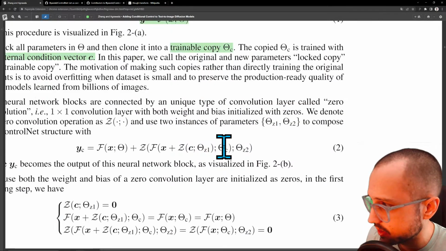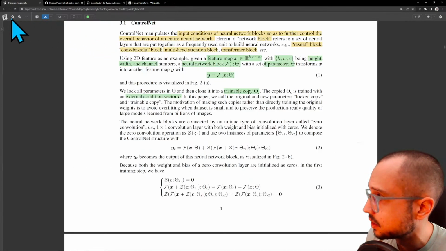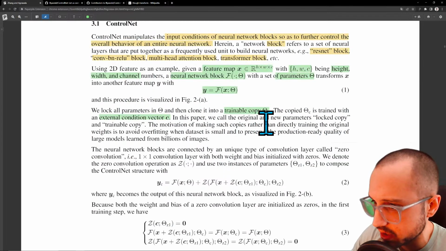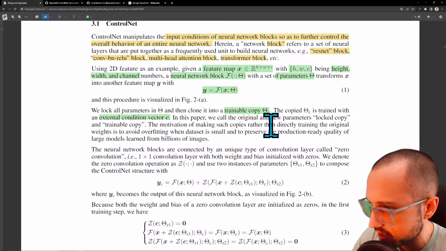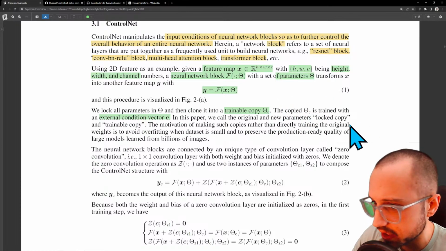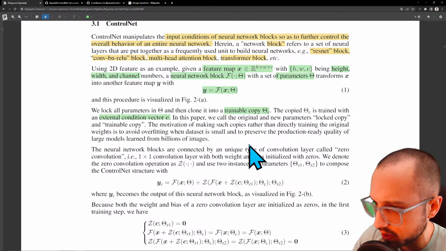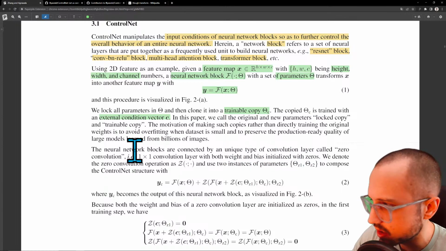In this paper, we call the original and new parameters the locked copy and trainable copy. Motivation of making such copies rather than directly training the original weights is to avoid overfitting when dataset is small and to preserve the production-ready quality of the large models learned.